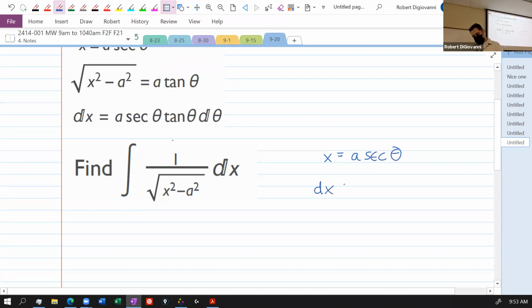The derivative of that will be A secant theta tangent theta d theta, because that is the derivative of secant of A secant theta. And then the square root of x squared minus A squared equals A tan theta.